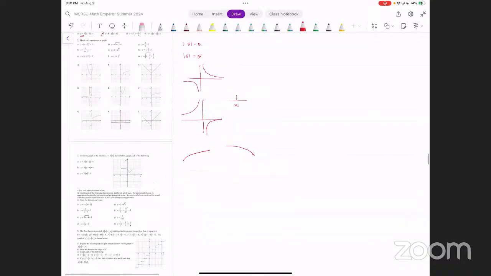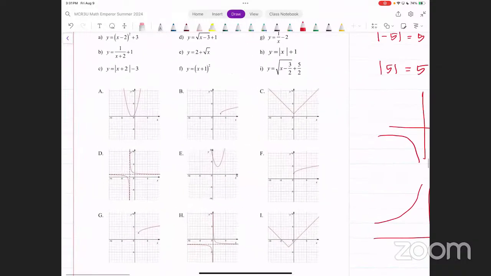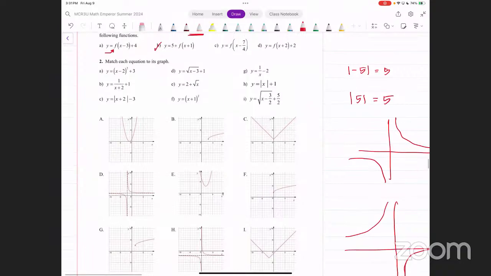So in this case, the question asks to match the curve. To match the curve, you need to ask yourself, by looking at the function first, what kind of shape the function should resemble. You can see this is a whole thing squared plus 3, a quadratic function, isn't it? Now you ask yourself, okay, what's happening to the quadratic function? You can see it moves to the right 2 units, and moves up 3 units.